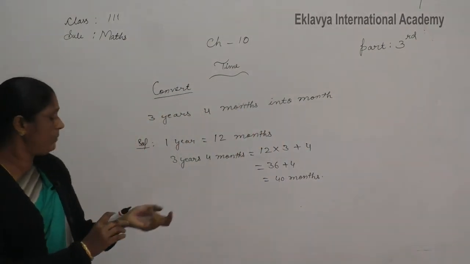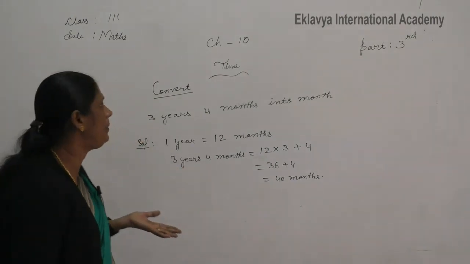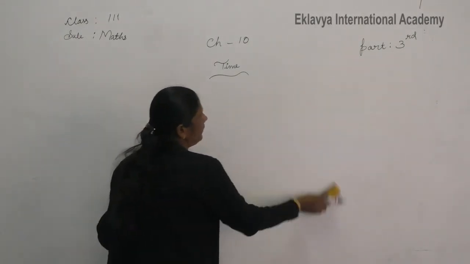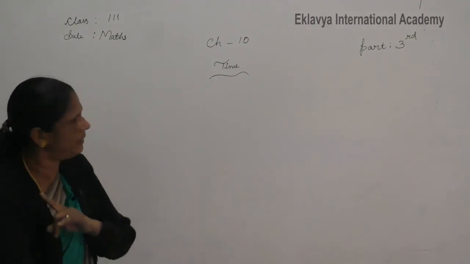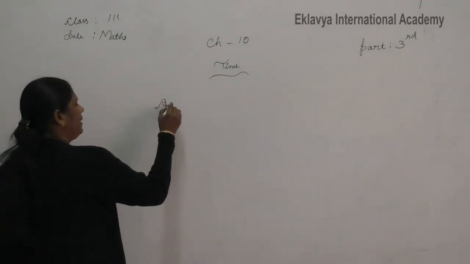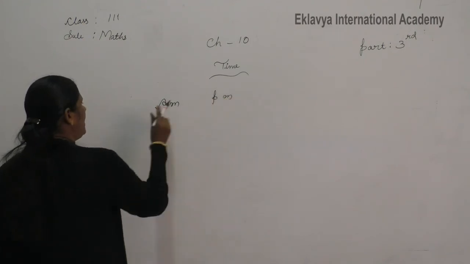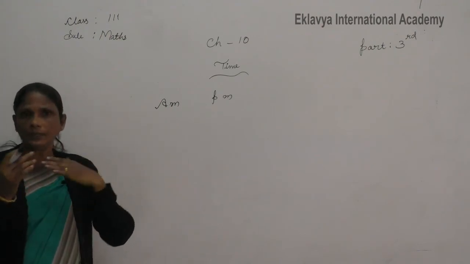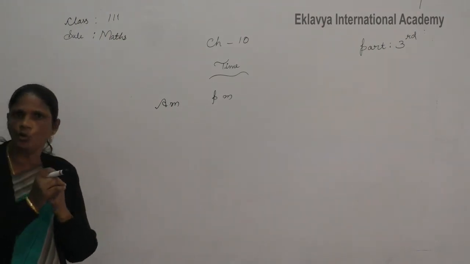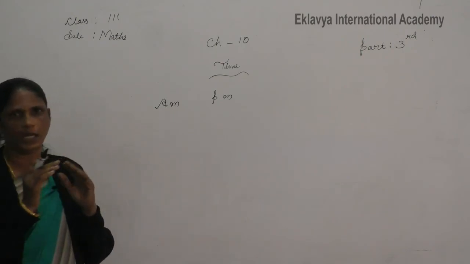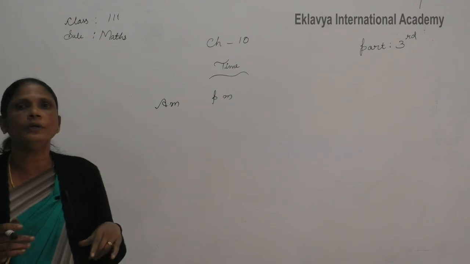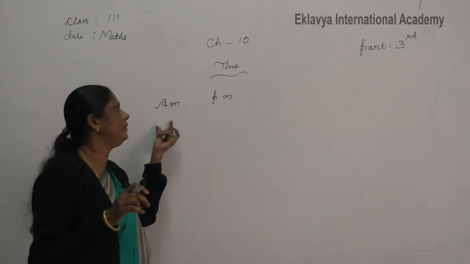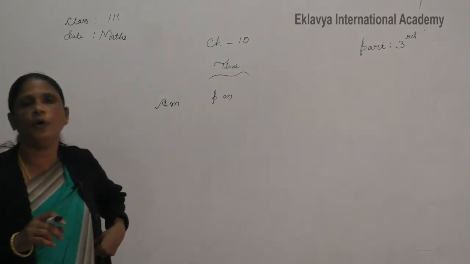Then in the time chapter, you know AM and PM. We start at midnight, 12 o'clock: after midnight and before noon, AM starts.